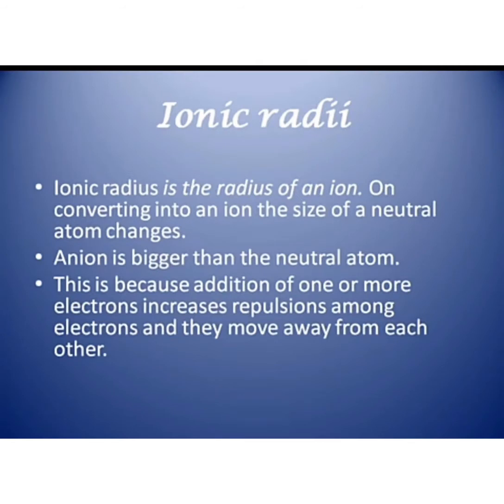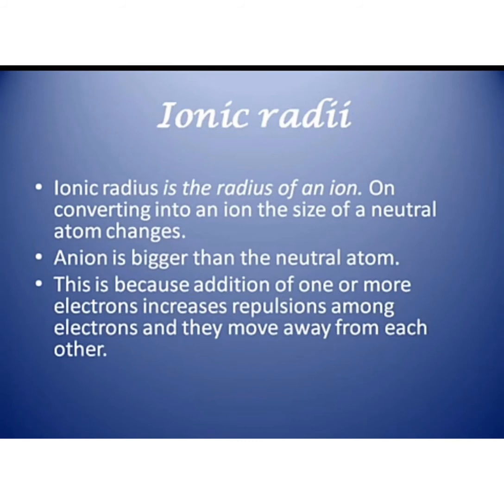Ionic radii. Ionic radius is the radius of an ion. When an ion is formed, the size of the neutral atom changes. An anion is bigger in size than the neutral atom because addition of one or more electrons increases repulsion among the electrons and they try to move away from each other.